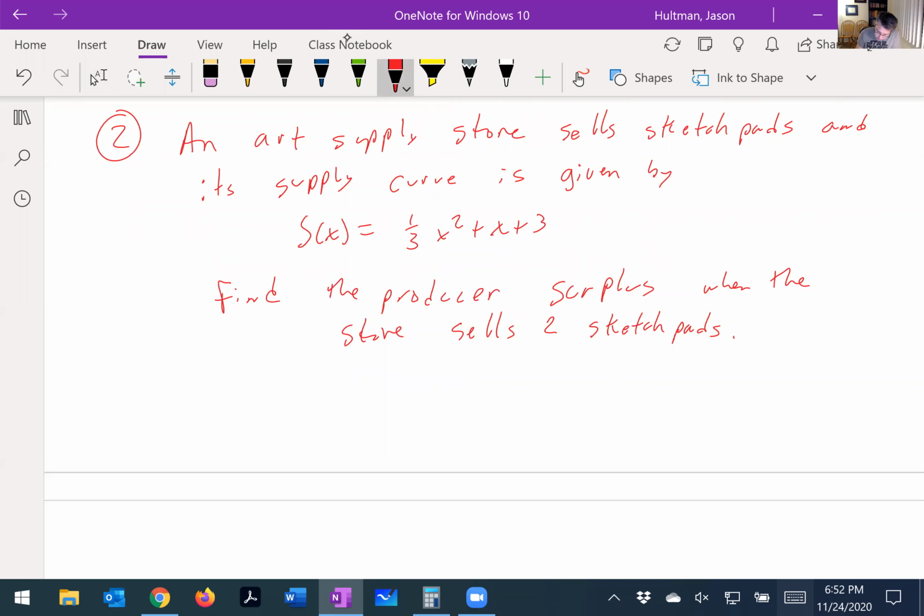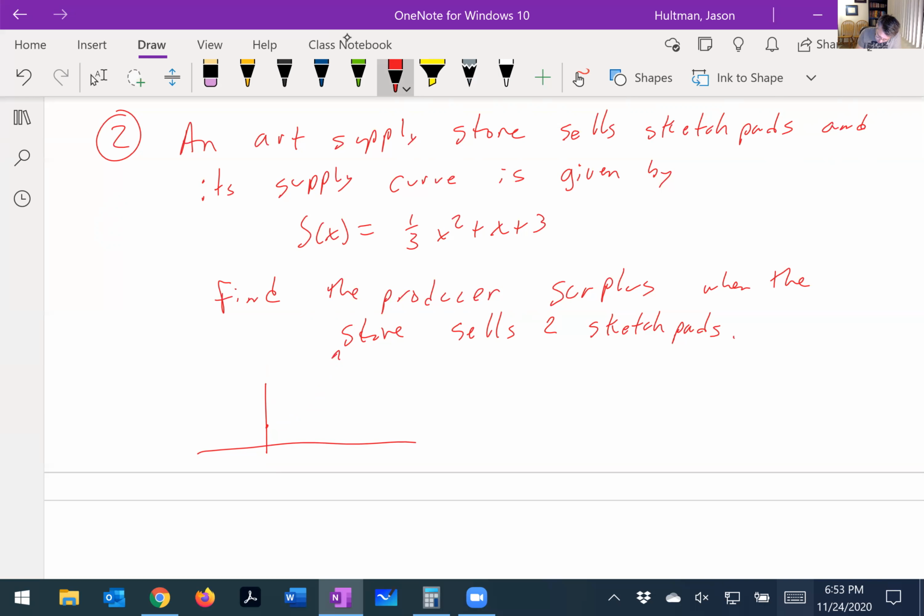So the supply curve generally goes up. At 0 we're at 3, which nobody's going to sell you 0 pads for 3, but you have to start somewhere. However, we know, what is S of 2 going to be?